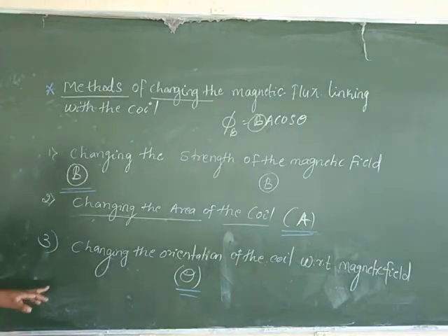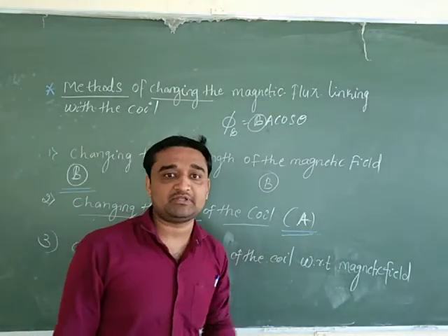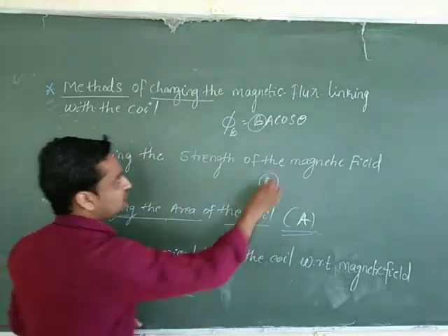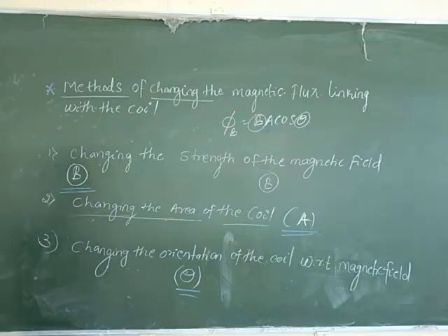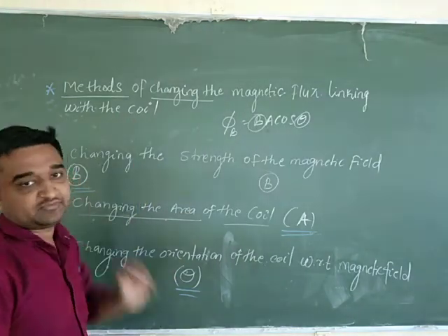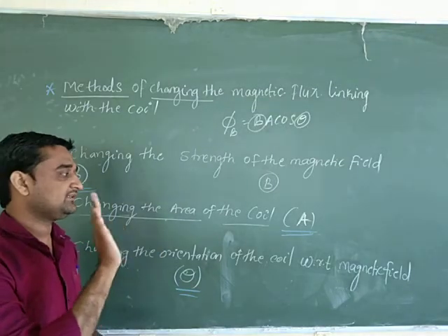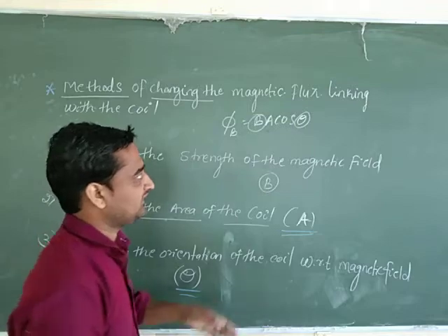And third one, by changing the orientation of the coil with respect to the magnetic field. That means we have to change the value of theta. By changing the theta value, we can change the magnetic flux linking with the coil.